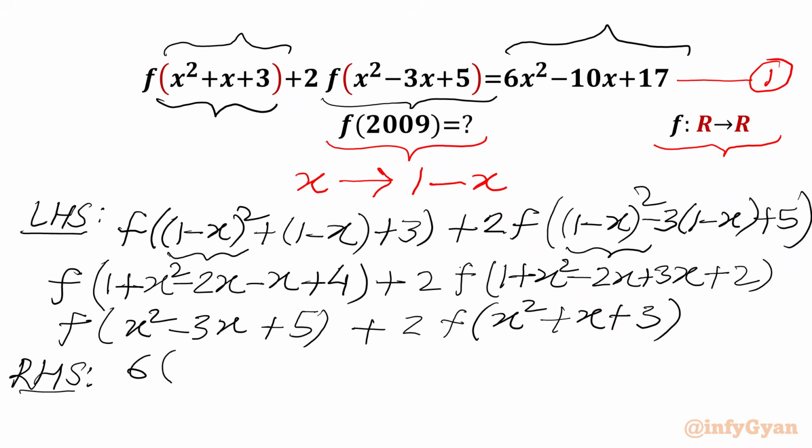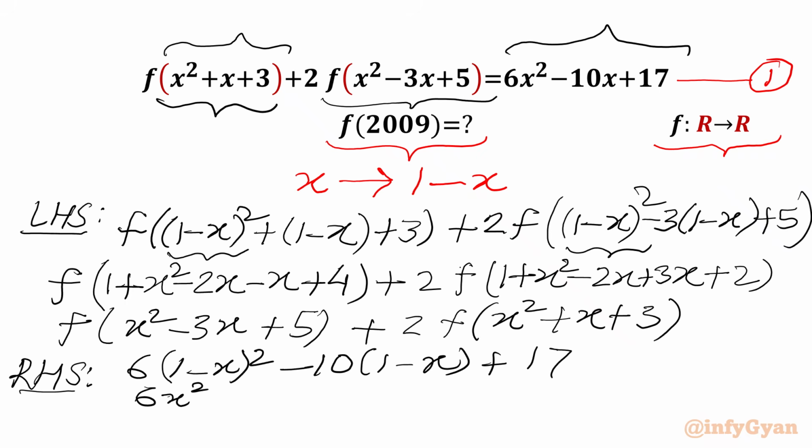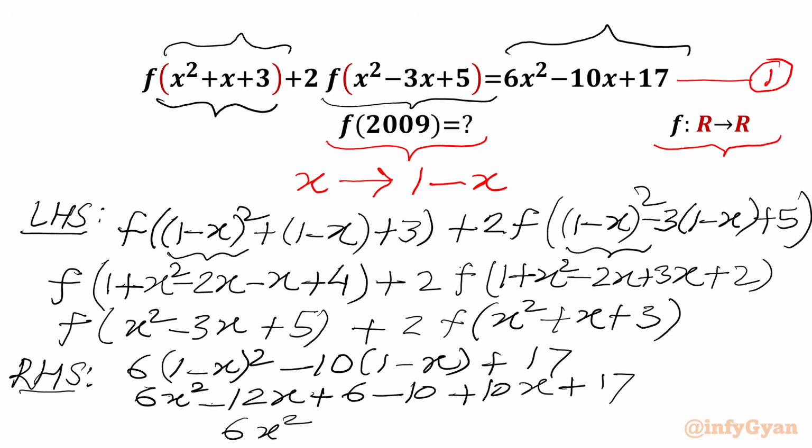So let us put 1 minus x in place of x: 6 times 1 minus x whole square minus 10 times 1 minus x plus 17, which we write as 6x square minus 12x plus 6 minus 10 plus 10x plus 17, which will become 6x square minus 2x.